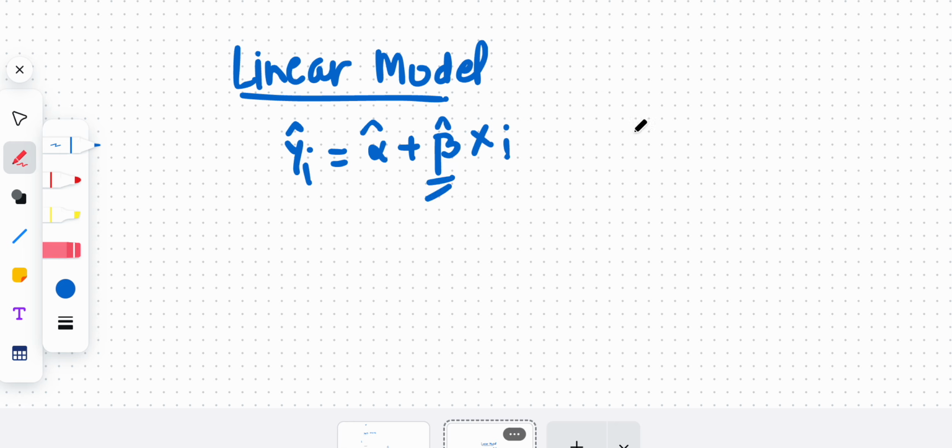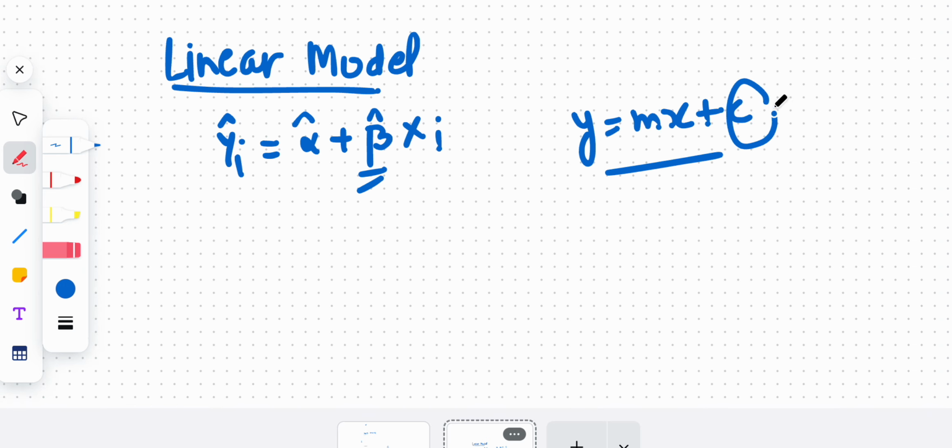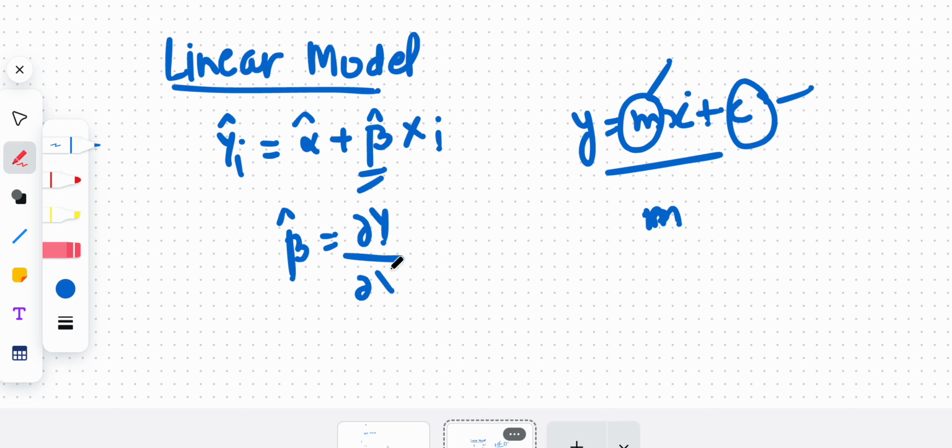You remember you used to have a line in your 11th standard which was this. This is the equation of a line, where this is my intercept, this is my value of slope. Similarly, beta here is my value of slope.